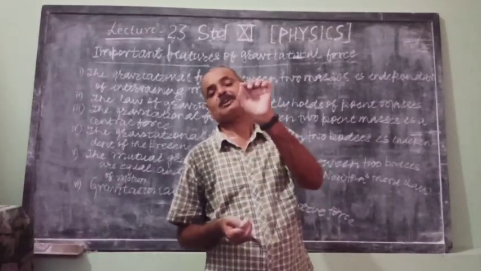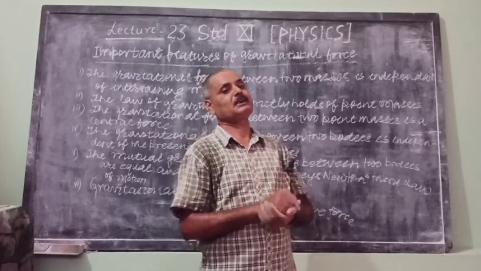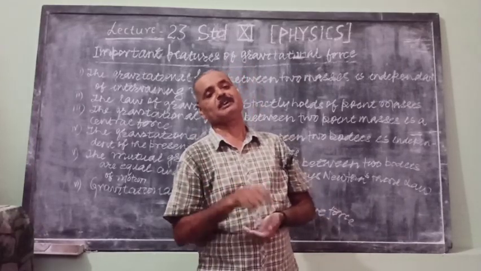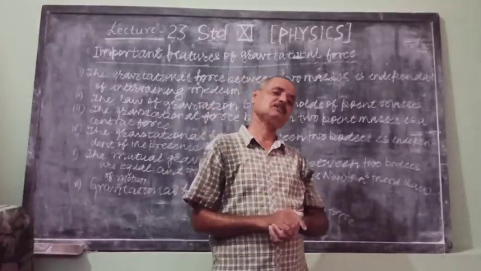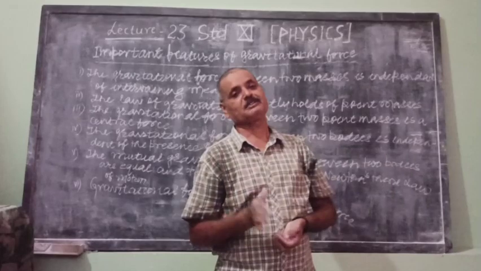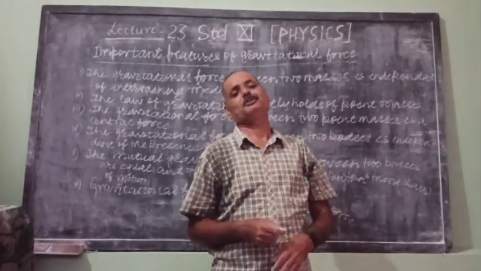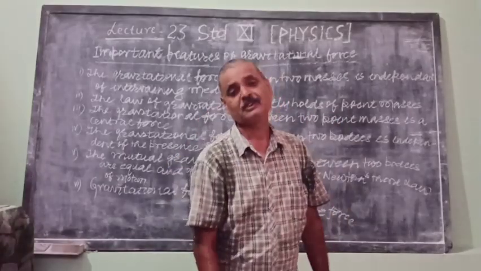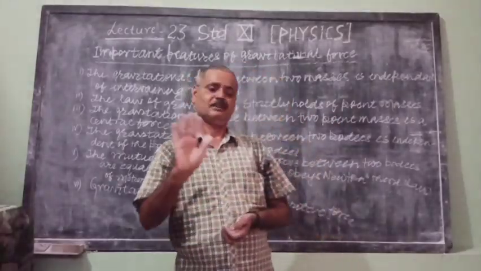But in a special case, when the body is taken at the center of the earth, the value of acceleration due to gravity is 0. And hence we can say the weight of any body will be 0 when the body is placed at the center of the earth. Okay, thank you.